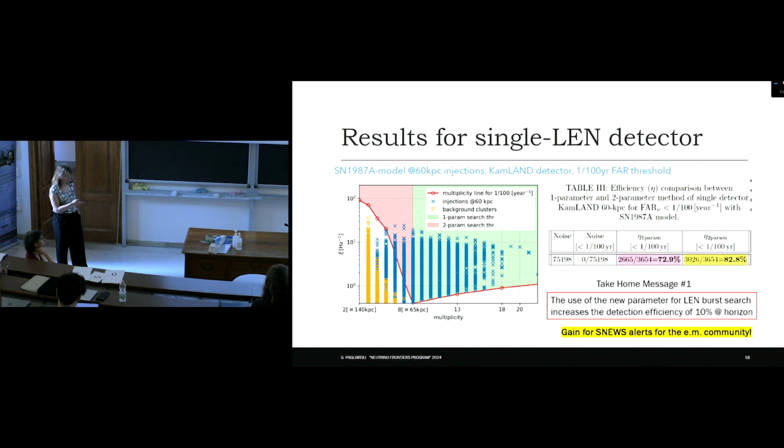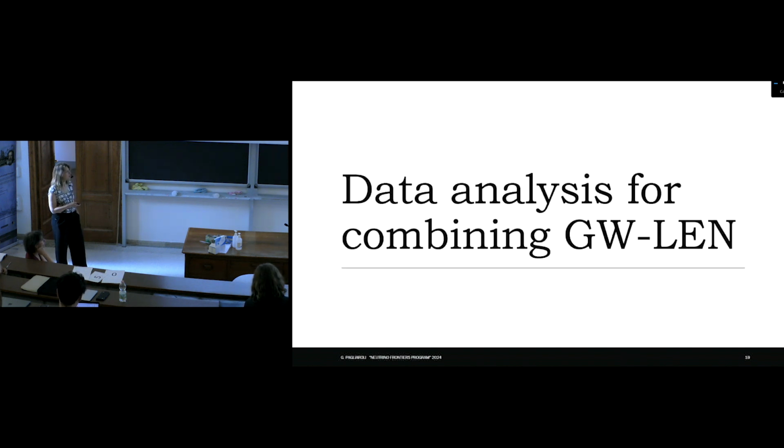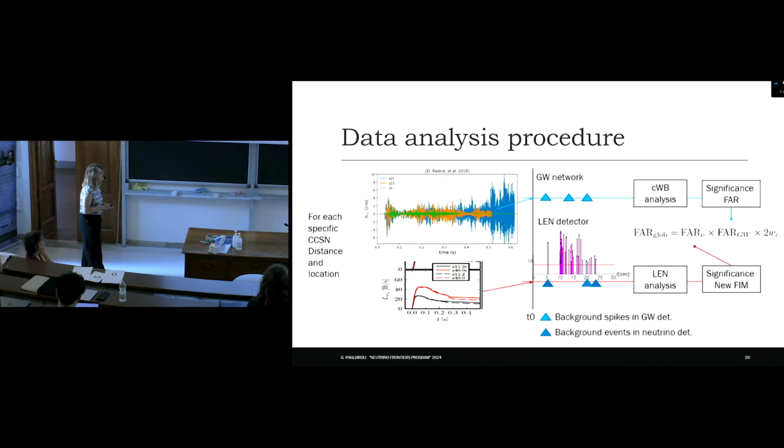So now that we use this in the general situation, let's see what the combined results are with gravitational wave and low energy neutrino. This is the data analysis procedure that I already discussed before. We do the data analysis in the gravitational wave sector, and this ends up using the standard pipeline with a set of gravitational wave triggers that are characterized by their significance in terms of false alarm rate.